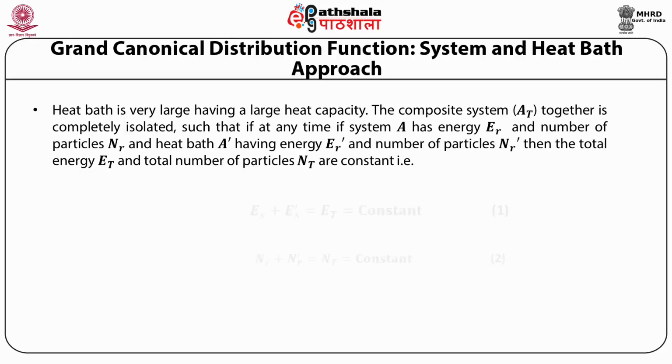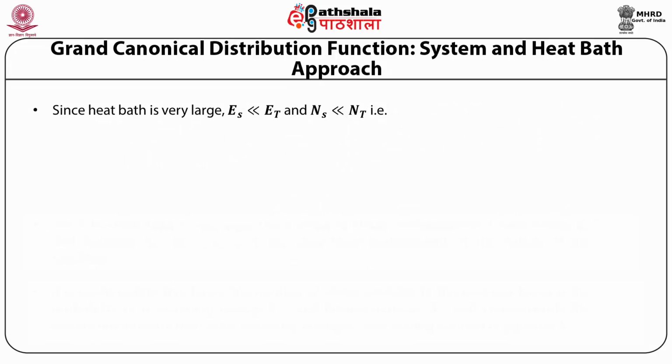That is, E_s plus E_s' is equal to E_t, a constant, and N_r plus N_r' is equal to N_t, a constant. Since the heat bath is very large, E_s is very small as compared to E_t, and N_r is also very small as compared to N_t.